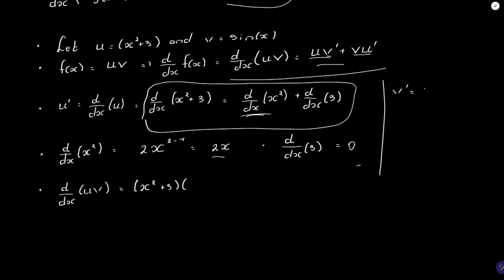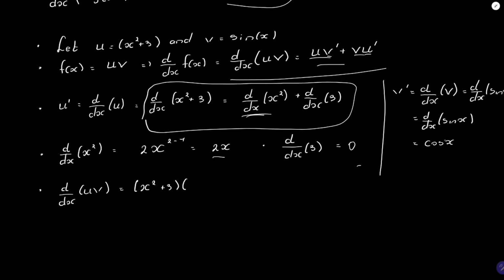v prime is the derivative with respect to x of our term v. What's our v? Sine x. If we recall from when we were working on trigonometric functions, it was stated that the derivative with respect to x of sine x gives us cos x. So we're just going to replace this here.